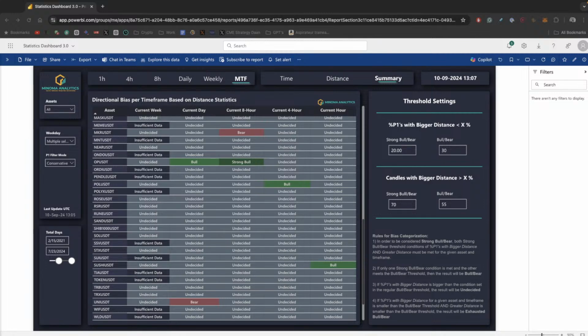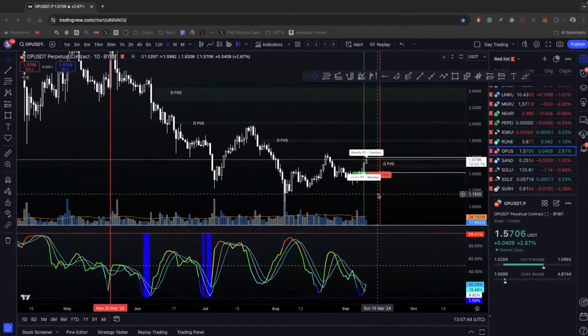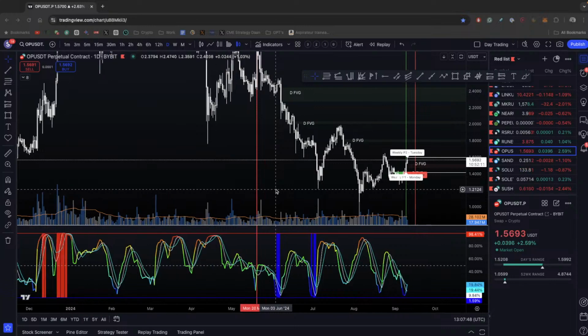So what I'm going to do this stream is talk a little bit about OPUSDT, which is the reason why I'm on OPUSDT. And once that's done, if you have any questions about any of the features, feel free to ask. But I'm also going to talk about some of the newer features that I'm working on, a little bit of a sneak preview.